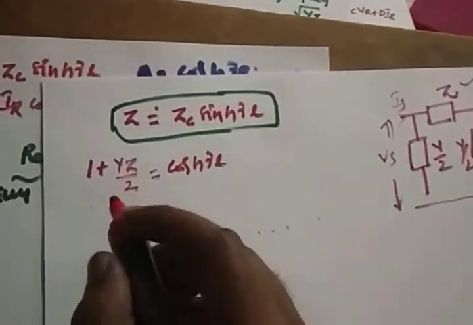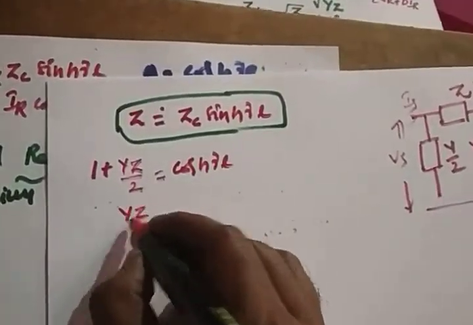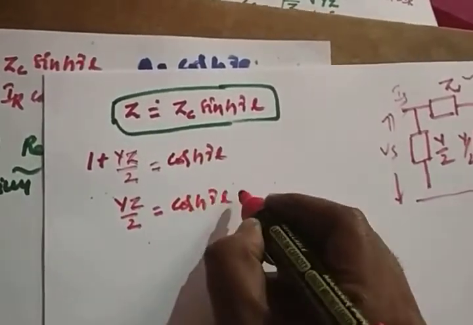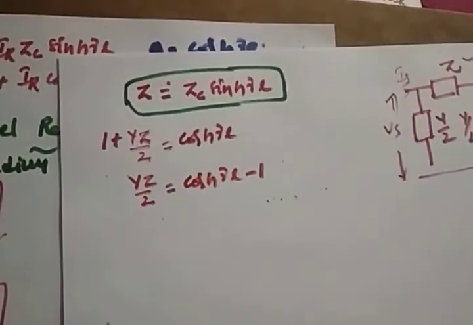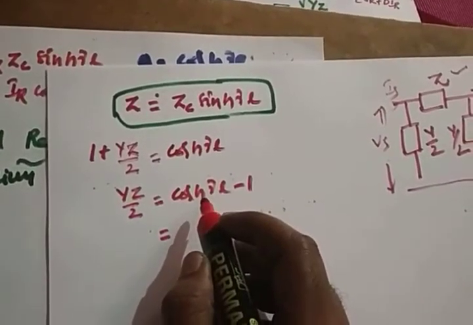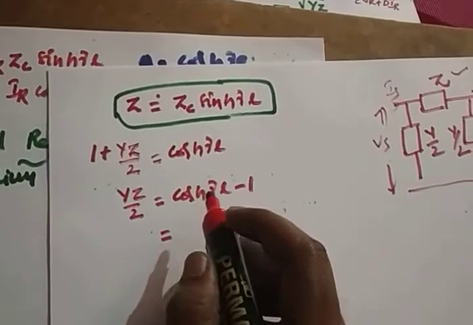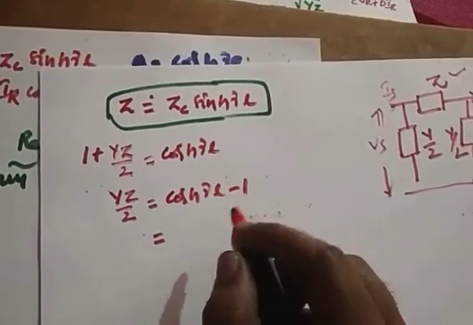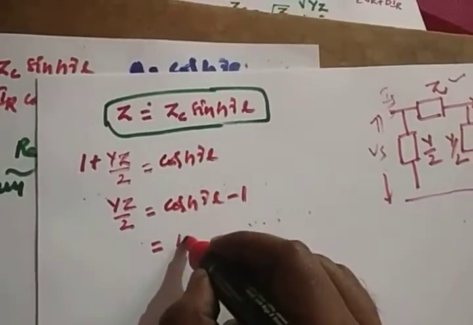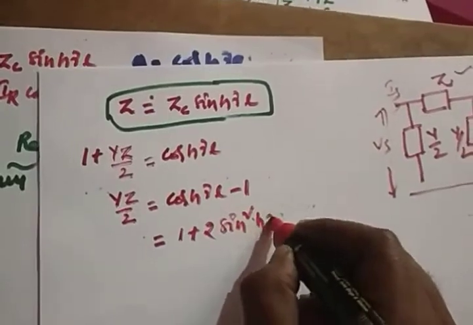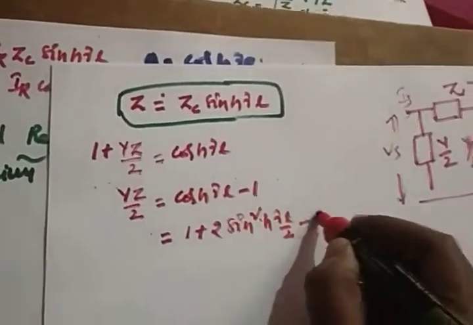From this, you know that YZ by 2 is equal to cosh(γL) minus 1. You can write cosh θ as 1 plus 2 sinh square(θ by 2). So YZ by 2 equals 1 plus 2 sinh square(γL by 2) minus 1.